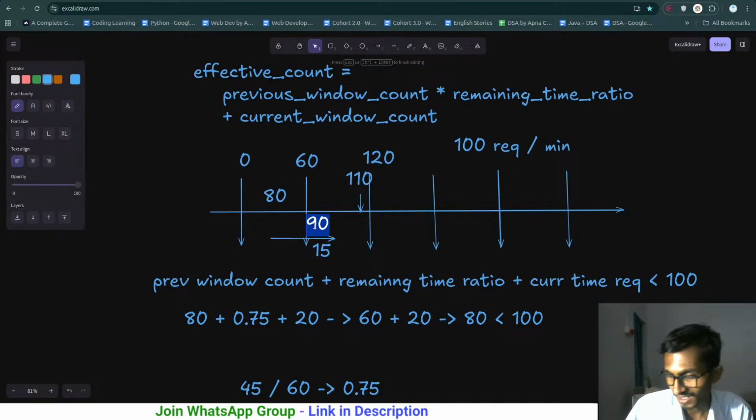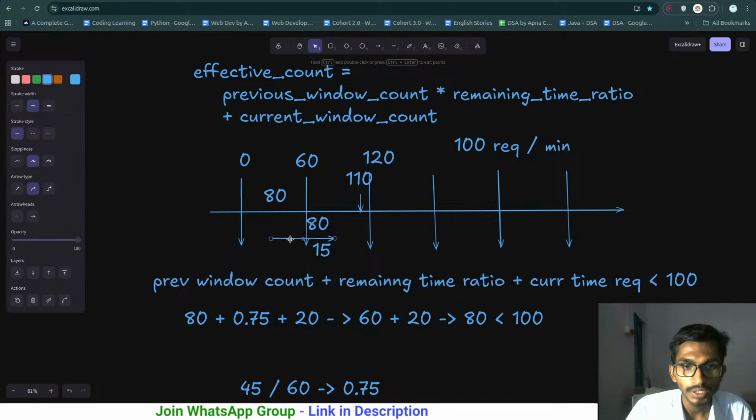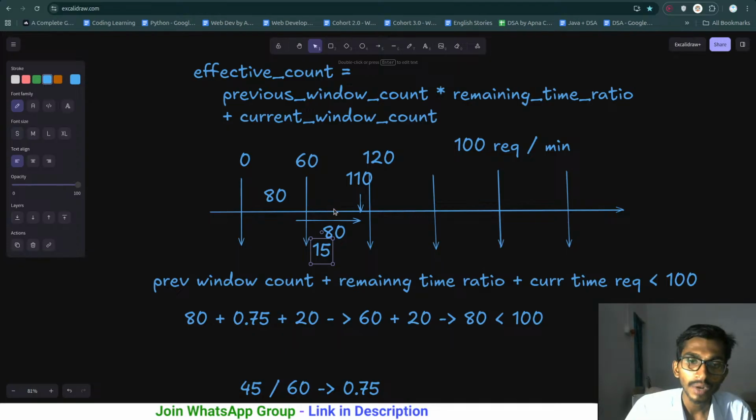Not 90, let's keep it 80 for now. So suppose 80 requests I got in this particular interval. How much time has passed? From 60 to 110, that simply means 50 seconds have passed.